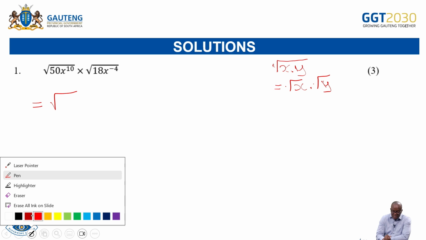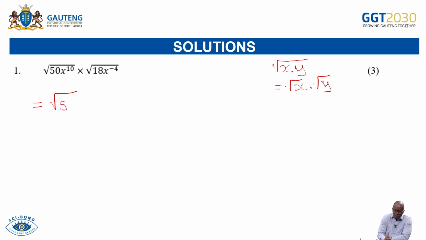So the first thing that you do there is to separate them. So which is square root of 50 multiplied by square root of x to the exponent of 10 multiplied by the square root of 18 multiplied by the square root of x to the exponent of 4.